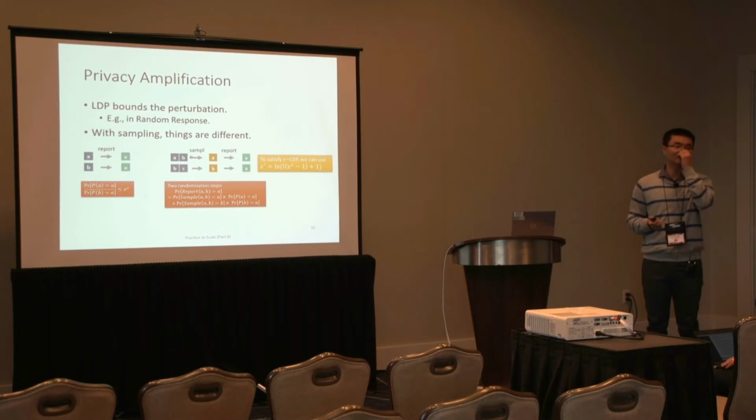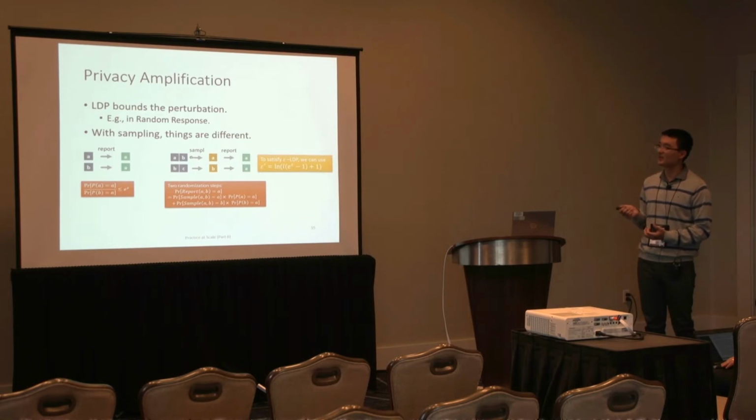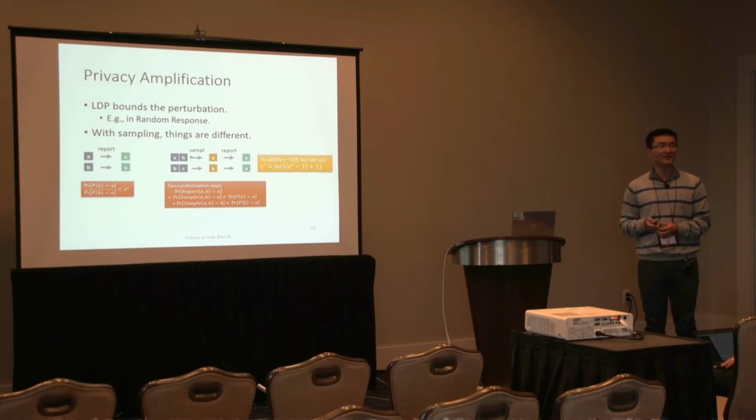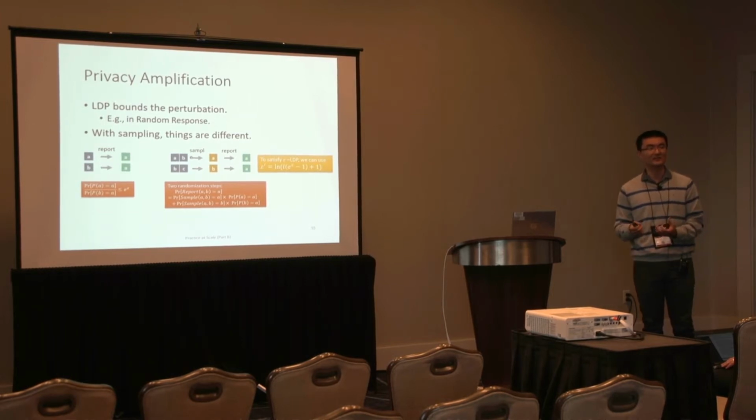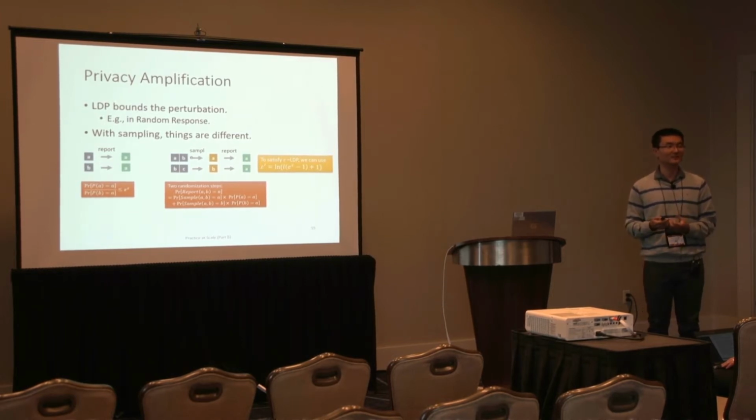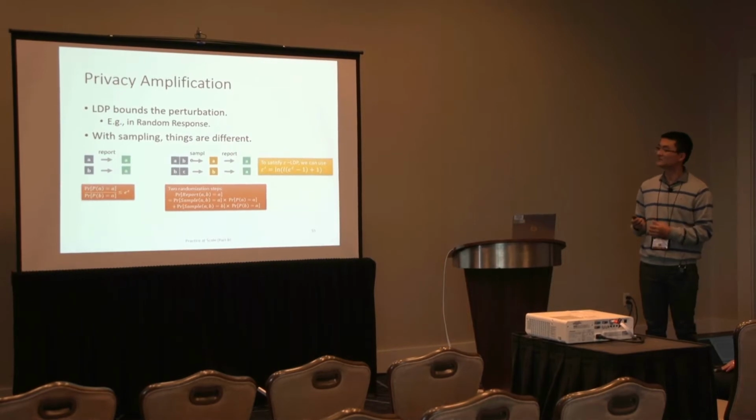So if we examine this probability carefully, we will see that if we use randomized response and we want to use epsilon as the privacy budget, the epsilon prime that is used by the randomized response can actually be larger than epsilon, which is some benefit from the sampling step.